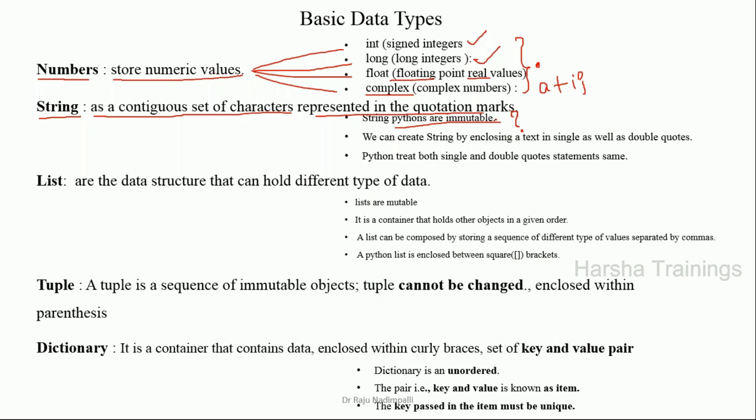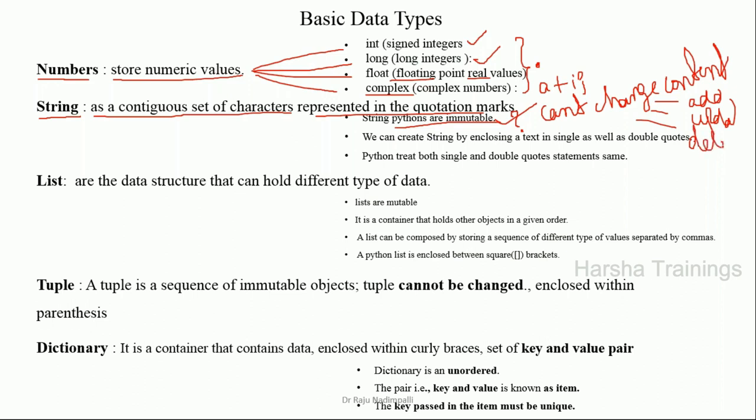Now, what is the meaning of immutability? That means we can't change the contents. This property is called immutability. You can't change means I cannot add any new contents, I cannot update a string, and I cannot delete the contents of a string.